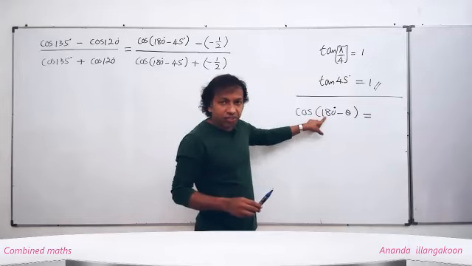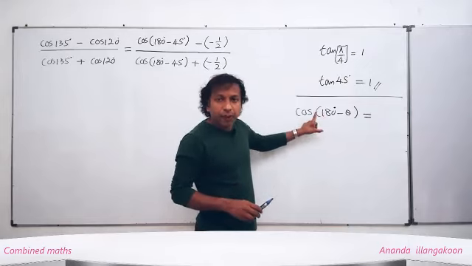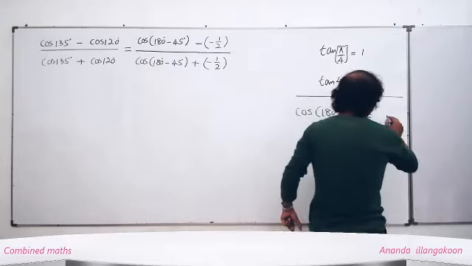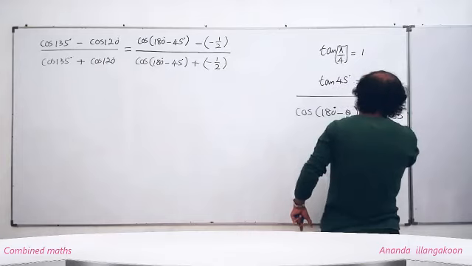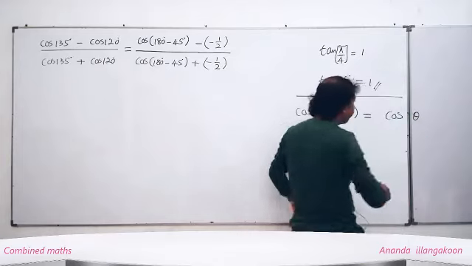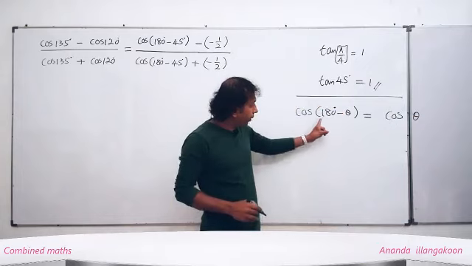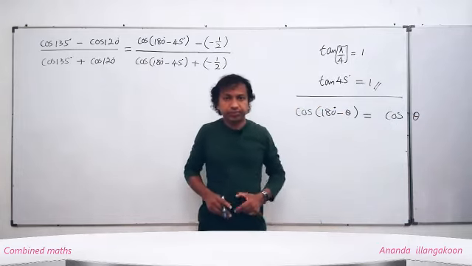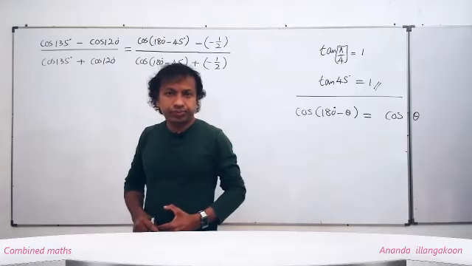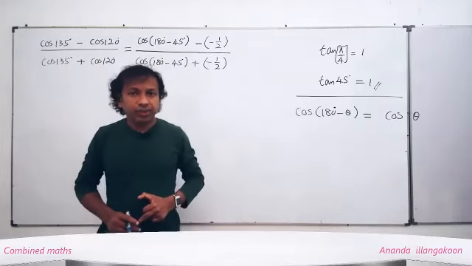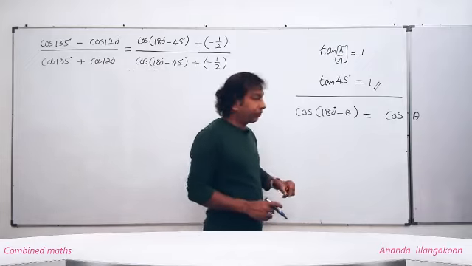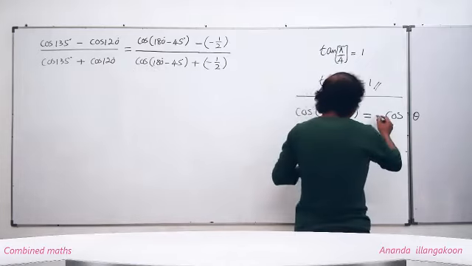When the first angle is on the x-axis, people, cos won't change. This is coming as cos of the angle theta. But 180 minus theta is in the second quadrant. In the second quadrant, cos is negative, only sine is positive. So therefore, since on the left hand side we have cos, this is minus cos theta.